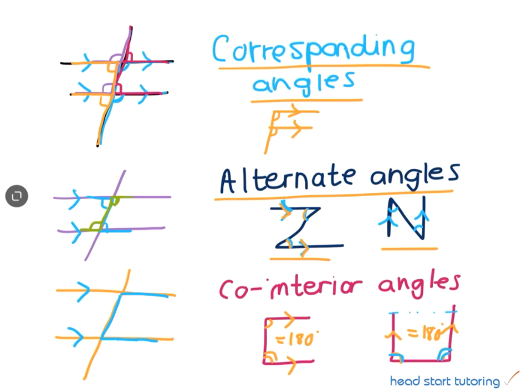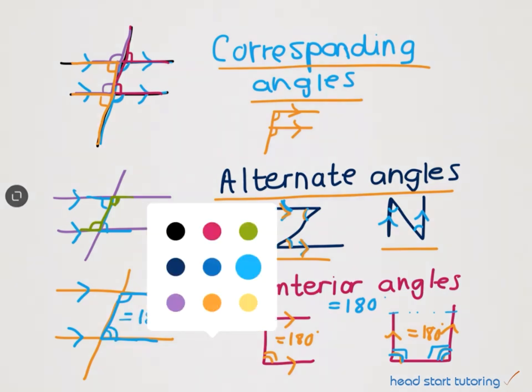We end up with two 90-degree angles, and therefore they will be equal to each other, but that is just because 90 plus 90 equals 180. So either way, the sum of your co-interior angles has to be equal to 180 degrees. We can see that we've got co-interior angles there, and so the sum of those has to be 180 degrees.